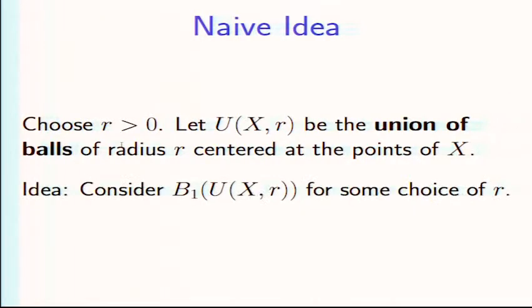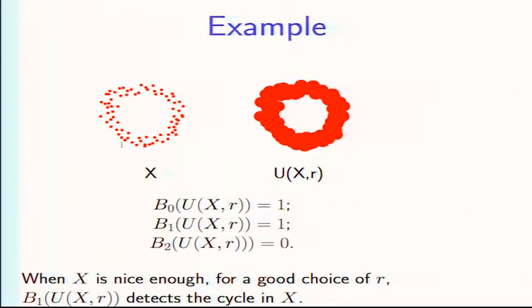Then the idea is to consider the first Betti number of this thickened object for some choice of this thickening parameter, r. So for example, if that's X, for some choice of r, that's what U(X, r) might look like. And you can see that this thickened space has Betti number 1. It's got one hole that you can see through.